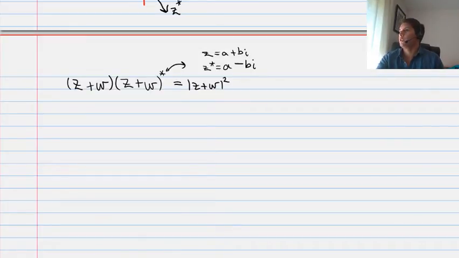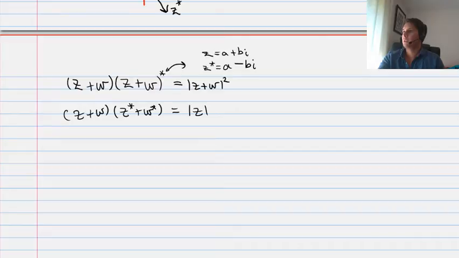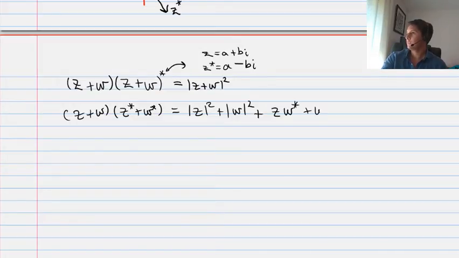But if we just use the distribution of the conjugate, we can have z conjugate, w conjugate, z and that, and we do the operation, it will result in the modulus of z squared plus the modulus of w squared, and then we'll have z w conjugate plus w z conjugate.